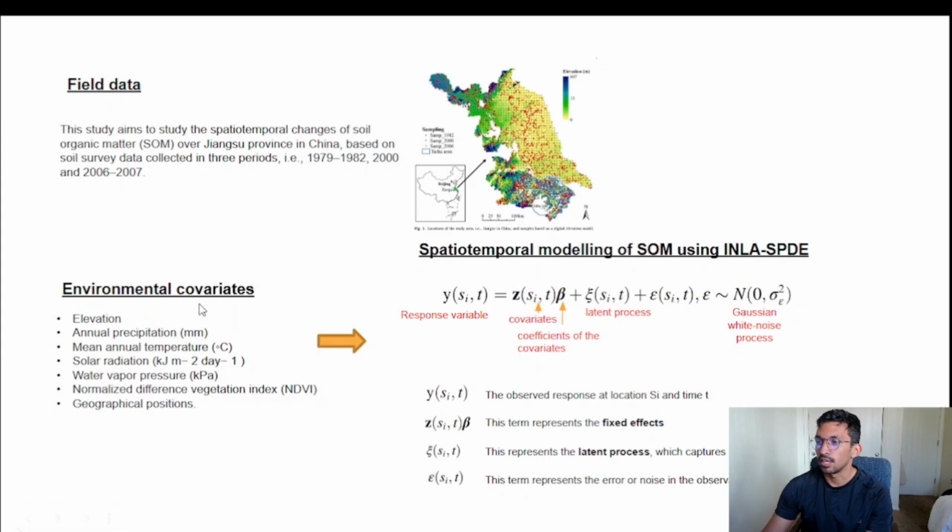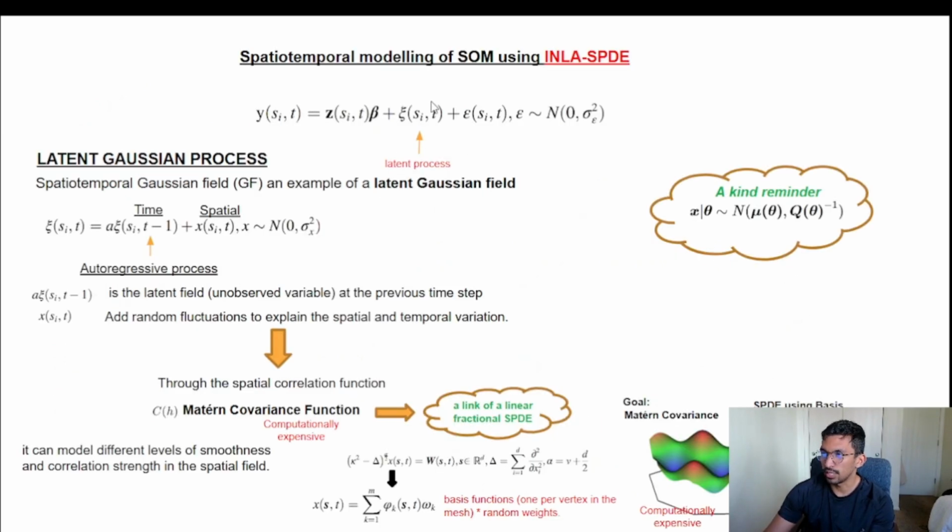They implemented environmental covariates: elevation, annual precipitation, and water vapor pressure, and they ran this model. We can see the covariate coefficients and our latent process. So those were the models they were able to run to implement this approach.